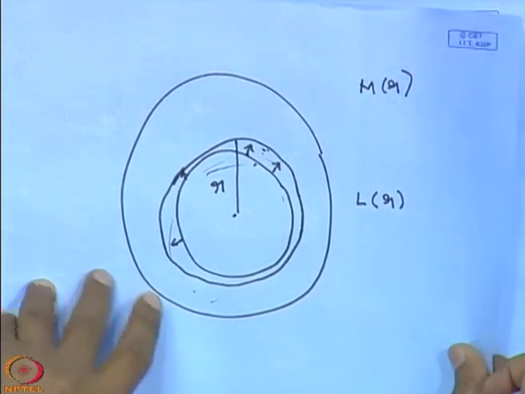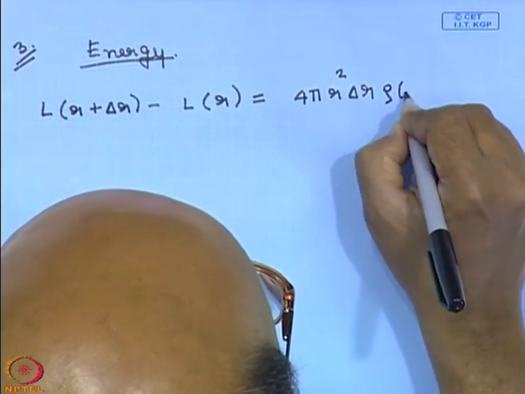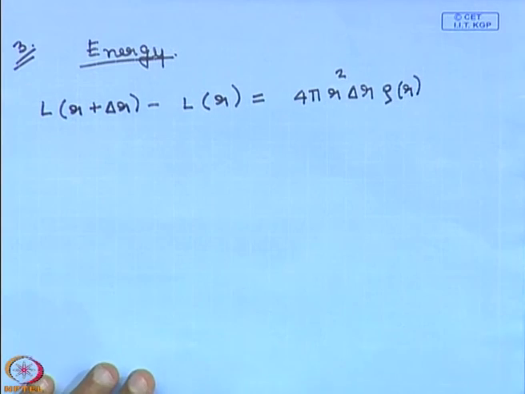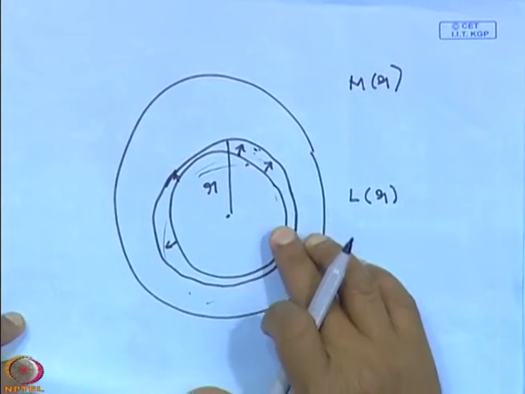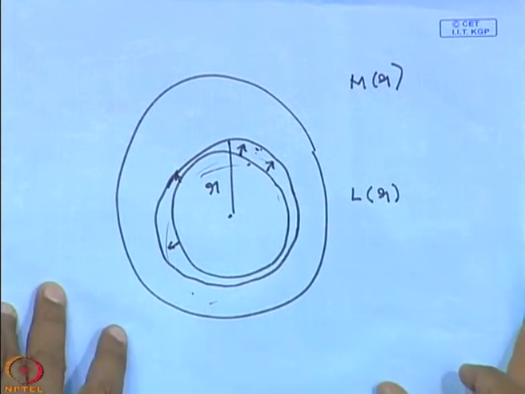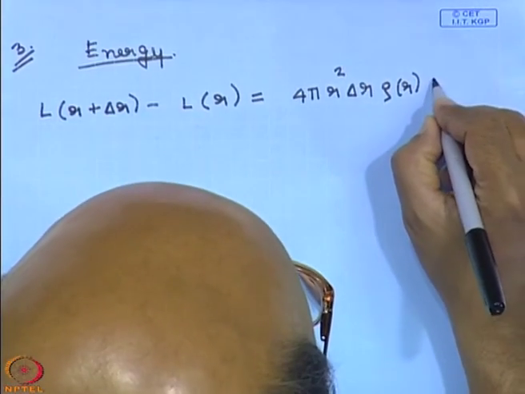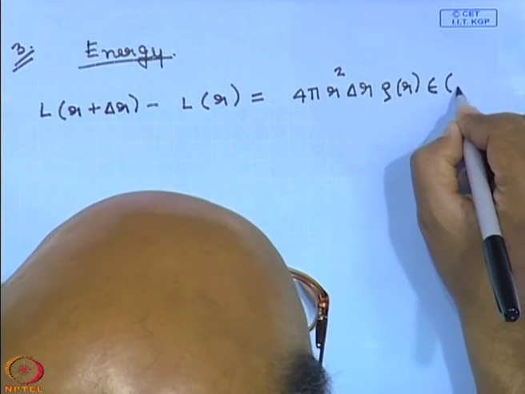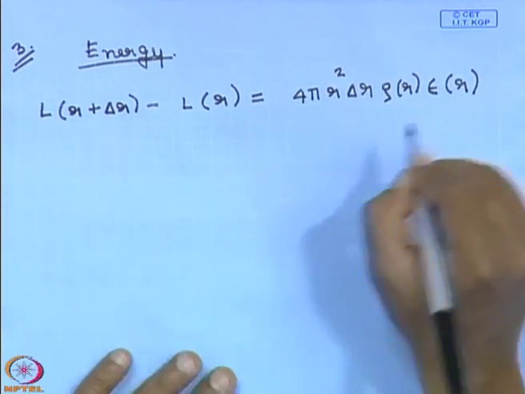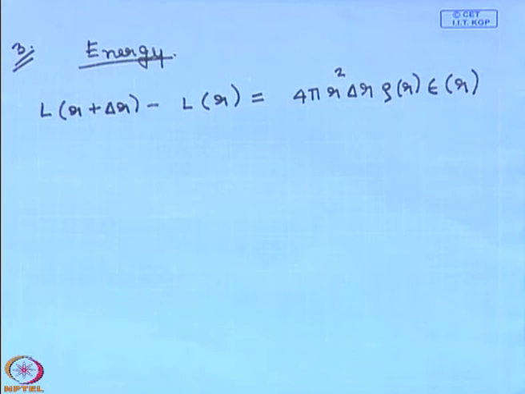So, into the density rho(r), into the energy generation rate, or the emissivity of this material. So, epsilon(r). That is the amount of energy generated per unit mass of this material.